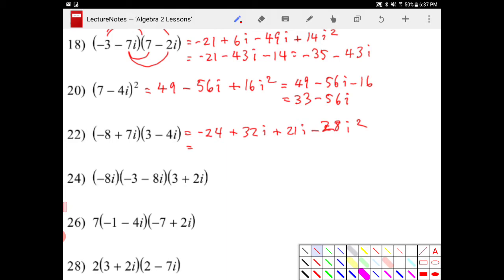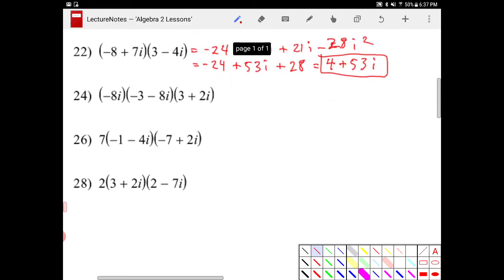Again, I'm going to combine like terms, so I get negative 24, and 32 and 21 makes 53, so plus 53i. And for the last term, i squared is negative, and the coefficient, negative 28, is already negative, so I get plus 28. I add the real parts together and end up with 4 plus 53i. That's the product.